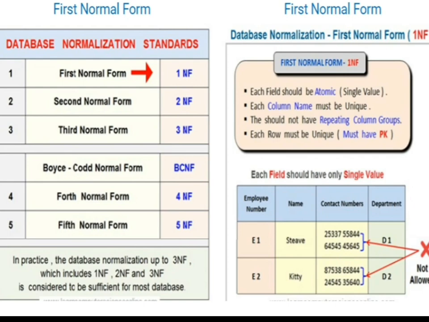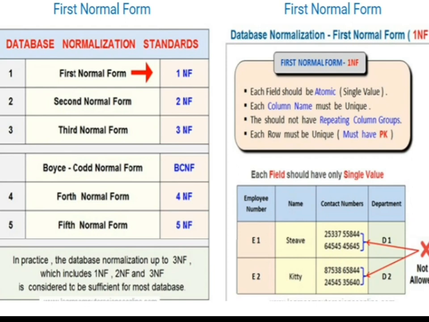In 1NF it is required that every row must be unique, so it has a primary key. For example, here we can take employee number as the primary key. If any table satisfies these rules, we say that the table is in 1NF.